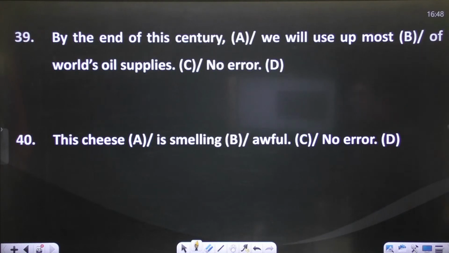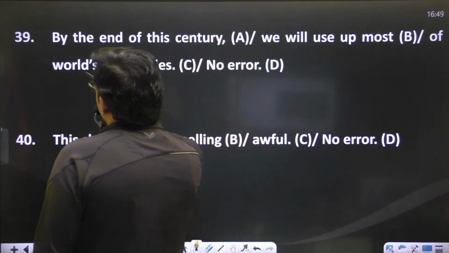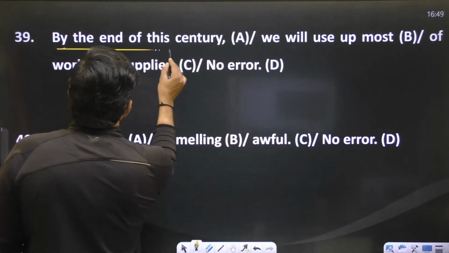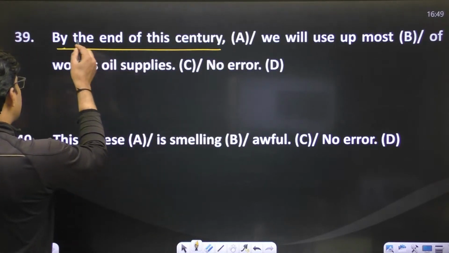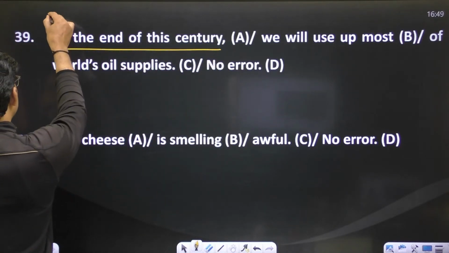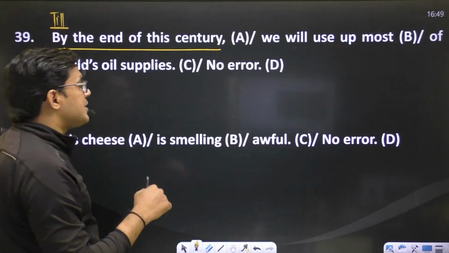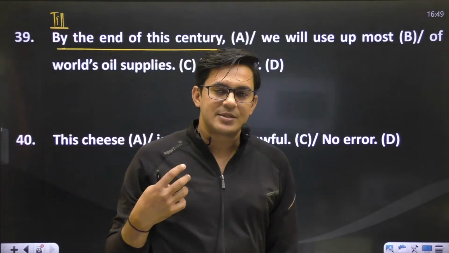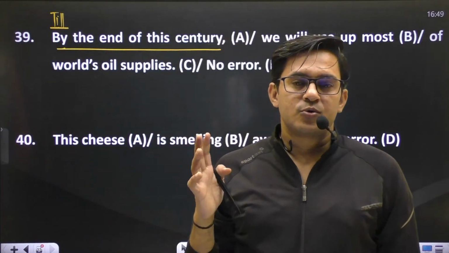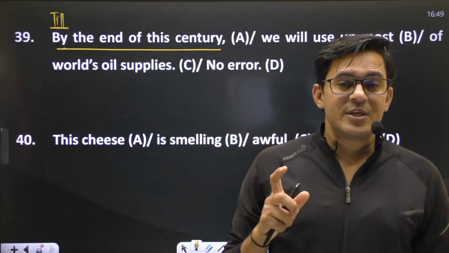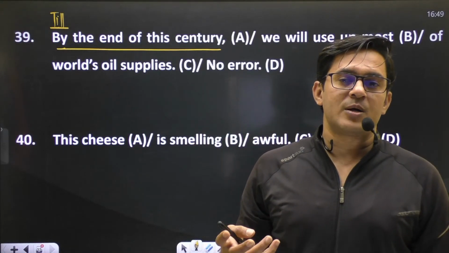By the end of this century, we will use up most of the world's oil supplies. You have a phrase, by the end of this century, and in this phrase you have the preposition by. It shows the sense of till, it demands a deadline, it demands completion. So with this word we always use future perfect.